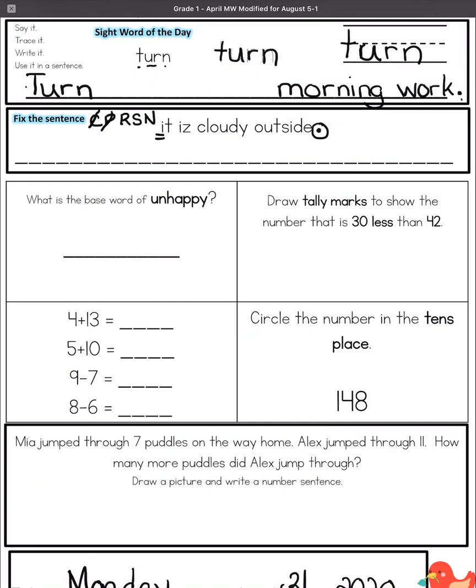Next is the R. That's for right order. Does my sentence sound right? It is cloudy outside. That does sound like I've used the words correctly, so I can cross that off. No past tense when it should be present, and it's kind of weird. But I do see a spelling error right away.